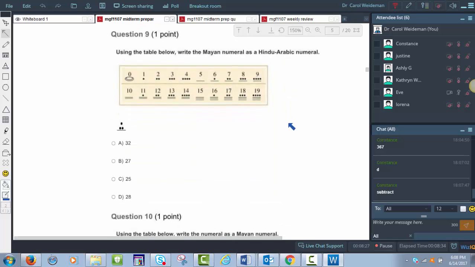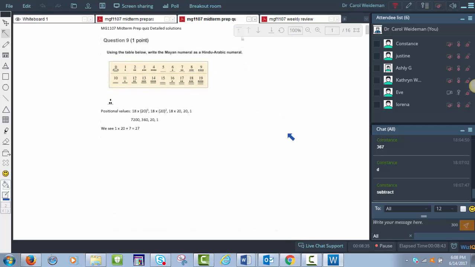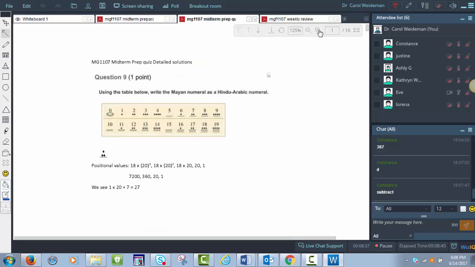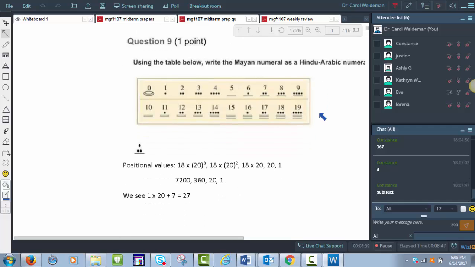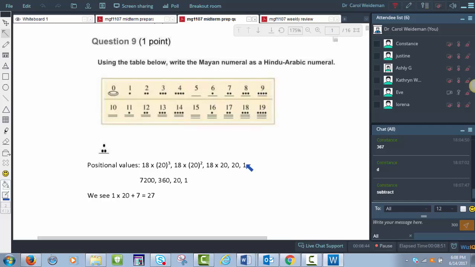All right, and then we had the Mayans. Remember how the Mayans worked. I have a detailed solution on this one. Let me go here and make this bigger. Because you have to remember on the Mayan what the positional values are. Remember the positional values there were 1, 20, 18 times 20, 18 times 20 squared, 18 times 20 cubed.